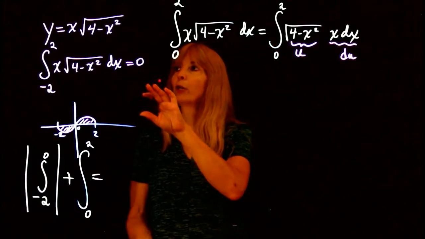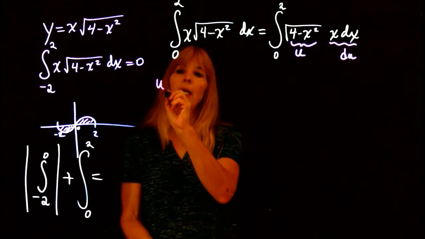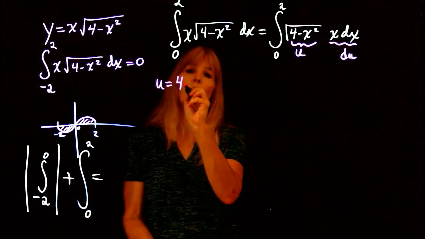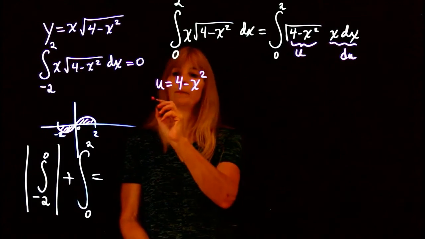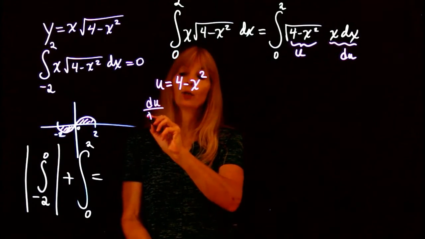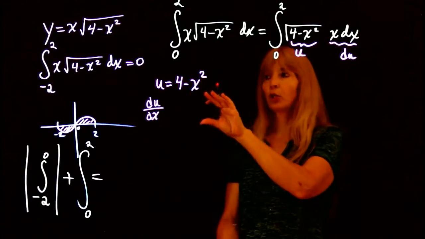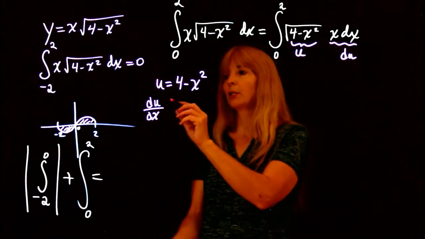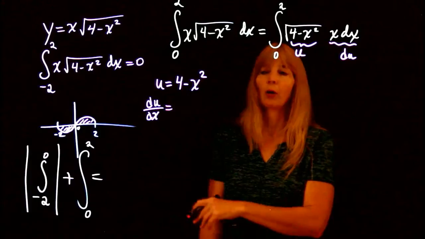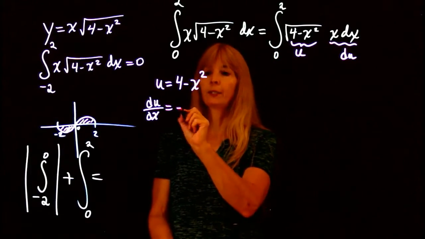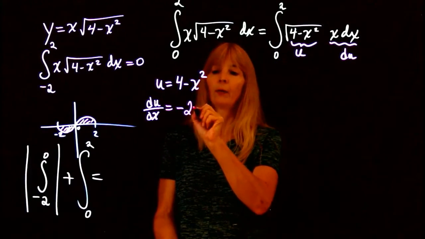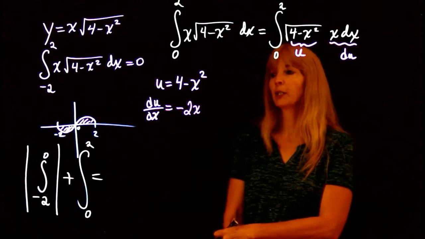So let's over here to the side say let u equal 4 minus x squared. I'm going to take the derivative of this function with respect to x. So the derivative of 4, just 0, right? Constant. Negative sign. Bring the 2 down. Subtract 1 from the exponent.